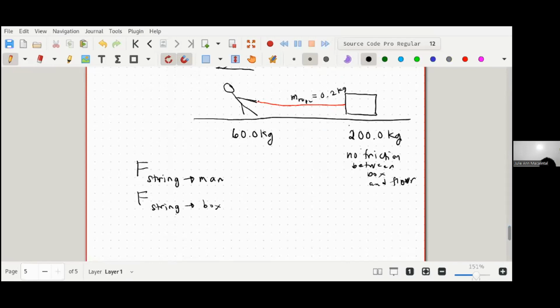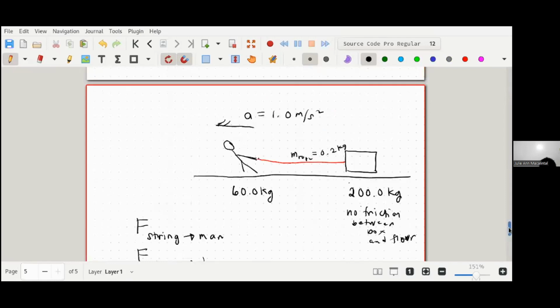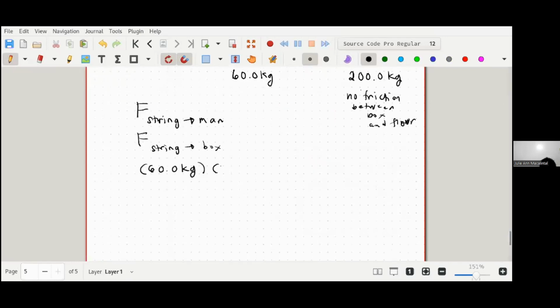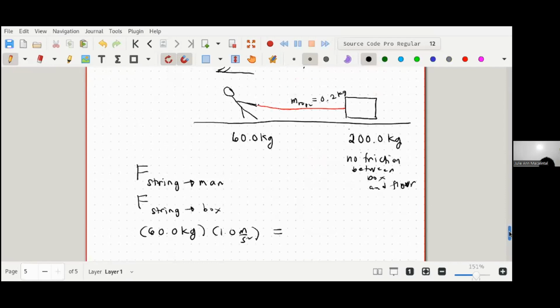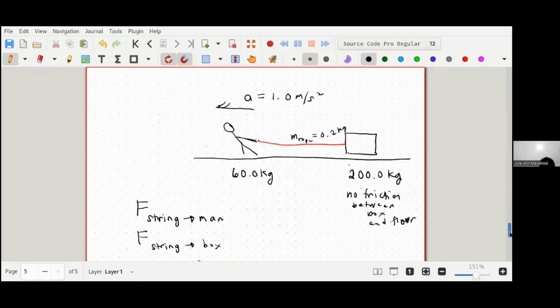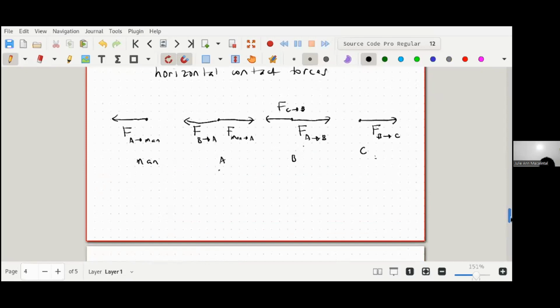So we know na for the man 60.0 kilograms times 1.0 meter per second square is equal to, okay, so ano yung forces acting on the man kanina?